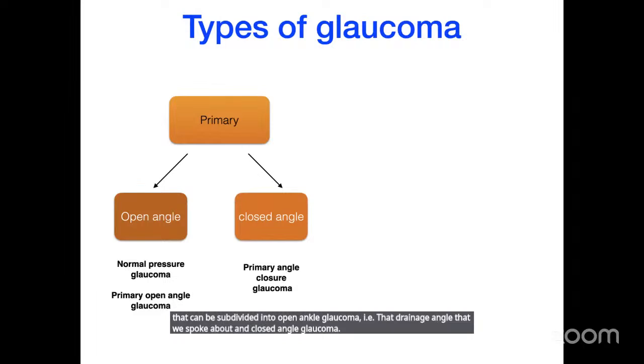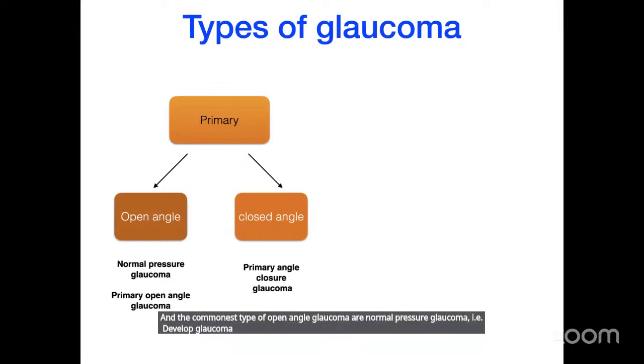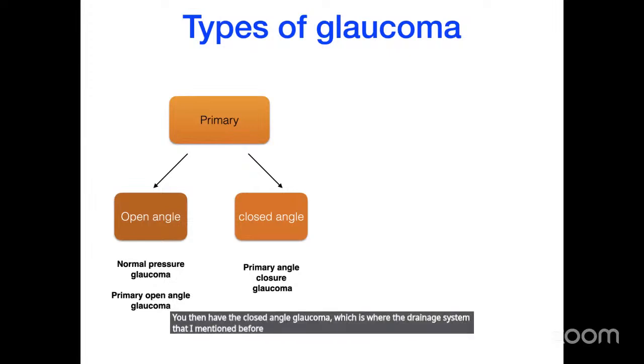And the commonest types of open angle glaucoma are normal pressure glaucoma, i.e. you develop glaucoma with the pressure being normal at the time of diagnosis, and then primary open angle glaucoma, where at the time of diagnosis the pressure is above 21 millimeters of mercury. You then have the closed angle glaucoma, which is where the drainage system that I mentioned before is closed, causing high pressure and damage to your nerve.